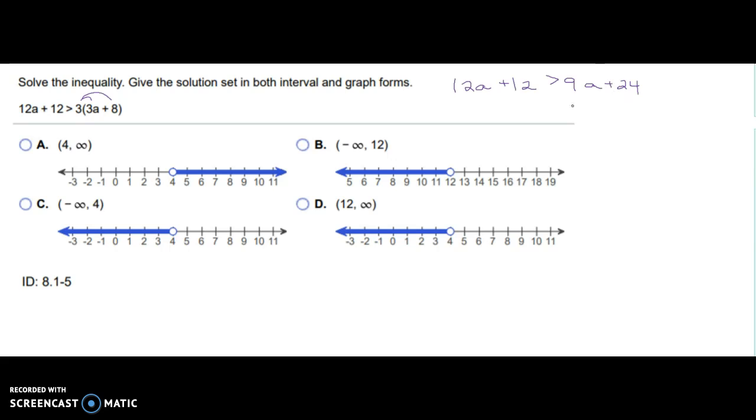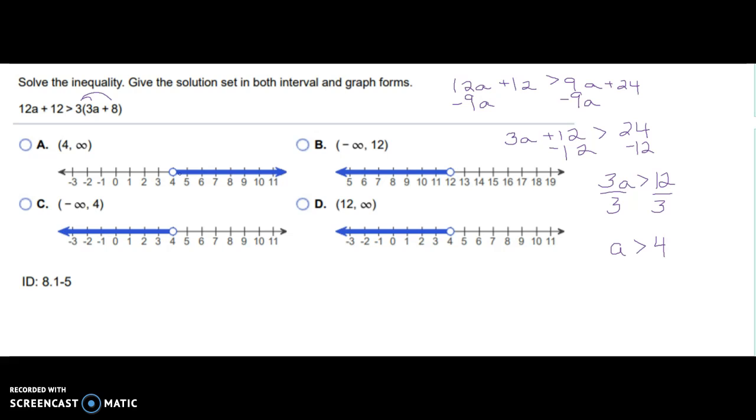This time you want to keep variables to the left and constants to the right, so your inequality is read correctly. So we're going to move that 9a. That's 3a plus 12 is still greater than 24. Then we'll move the 12. 3a is greater than 12. Divide by 3. And a is greater than 4.